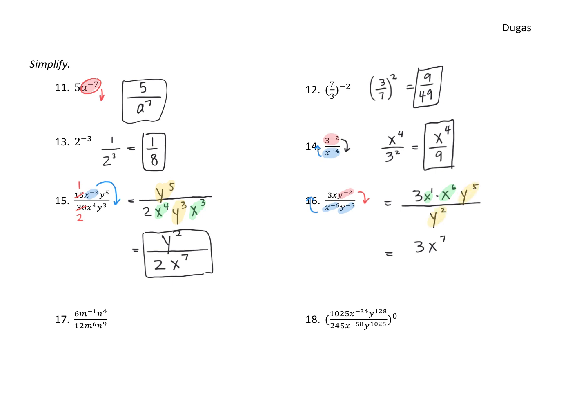So since they're on opposite sides, I'm subtracting the exponents, and I want to leave it where the most were. So since there are more y's on the top, there are 5 on top and only 2 on the bottom, I'm going to be left with y cubed on the top as well. So there's nothing left on the bottom. So I don't have a fraction anymore. This is my answer.